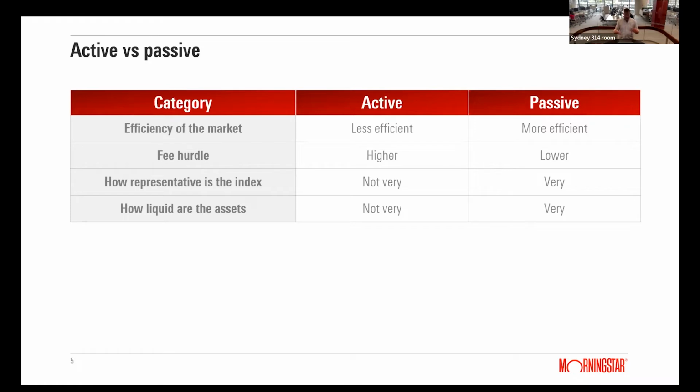And we'll look at the Active Passive Barometer report to see where active managers have actually been successful or not. But intuitively, if we think about it, markets that are less efficient are markets that people pay less attention to. And they pay less attention to them for all sorts of reasons, right?